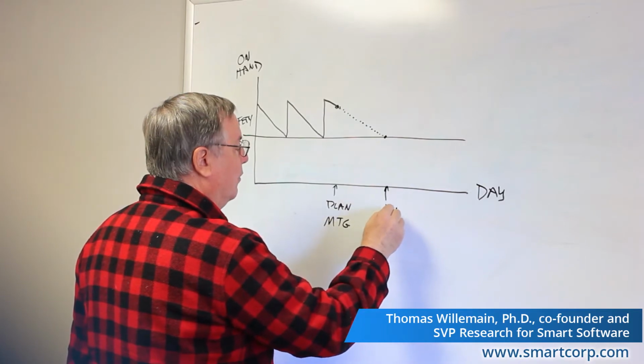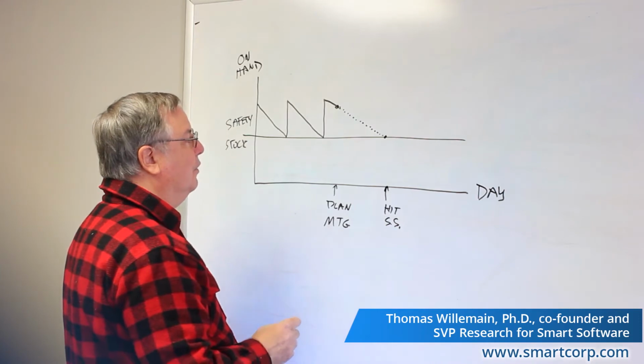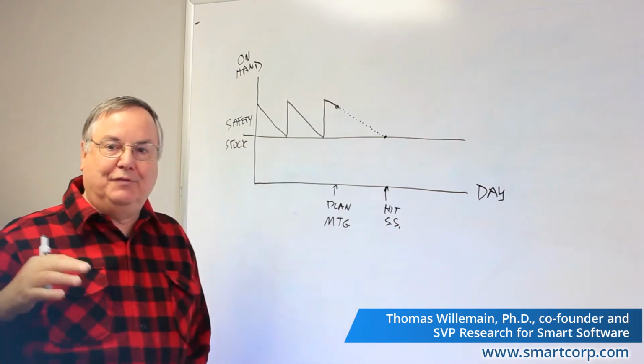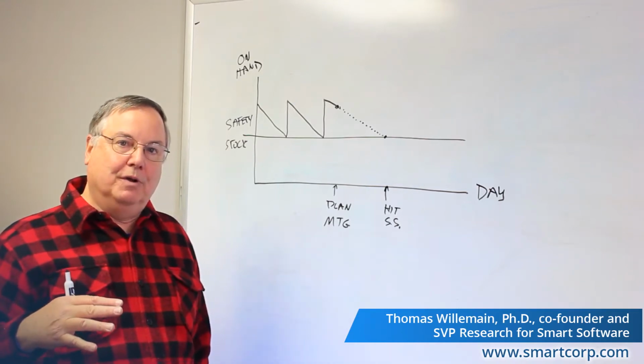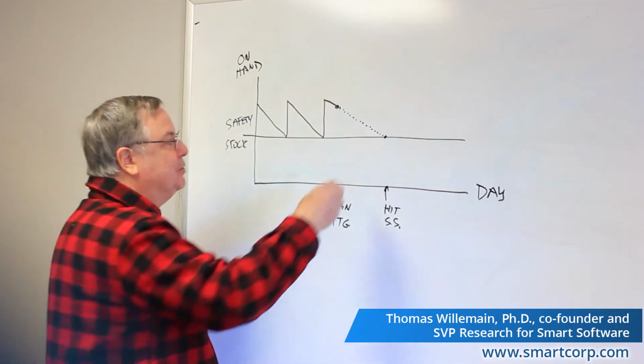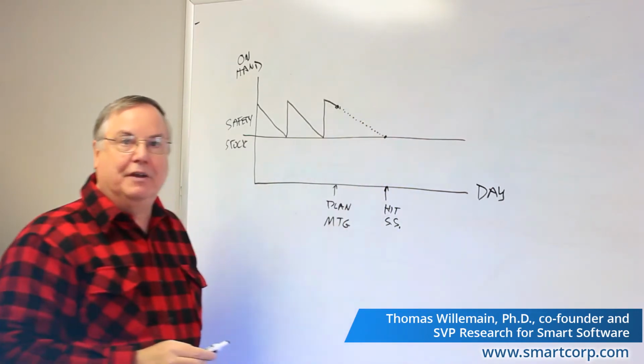So we'll call that where you hit the safety stock. At that point, if we're treating safety stock as the minimum below which we don't want to go, we have to go back and make sure a replenishment comes in to move us back above safety stock.